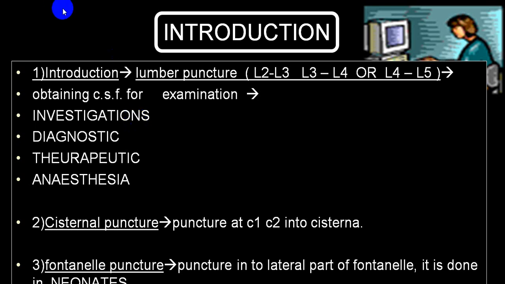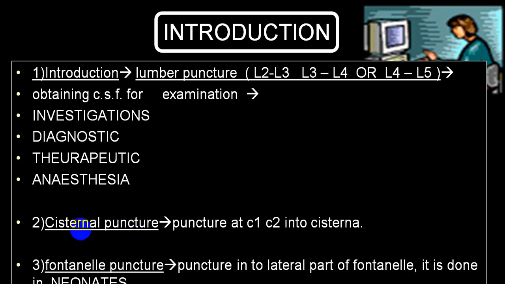When lumbar puncture cannot be performed because of a few contraindications, you can go for cisternal puncture, and that puncture is between C1 and C2 spine in the cisterna. That portion is called cisterna, hence it is called a cisternal puncture. But this has to be done by an expert only, because if an inexperienced person does that, he can create a lot of complications.